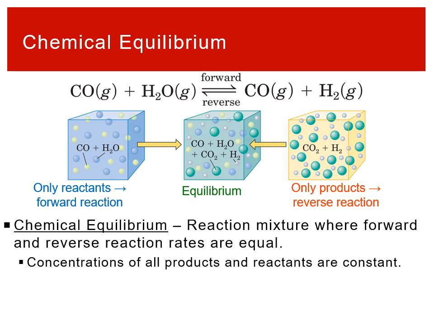Chemical equilibrium is defined a couple of different ways, but what it means is that in a reaction mixture where the forward and reverse rates are equal, all of your concentrations are constant. It's important to note that all of your reactants and products are necessarily present.